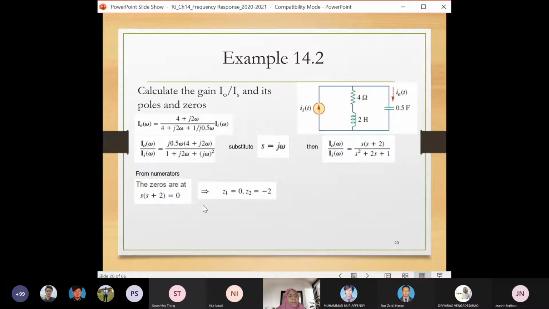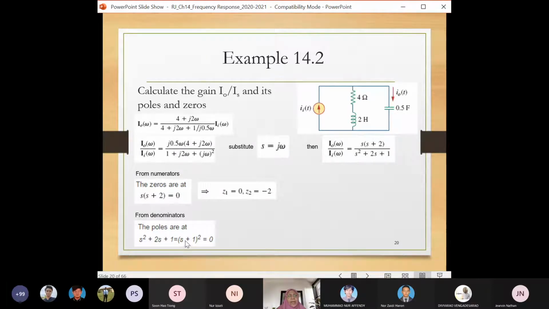For the poles, they are taken from the denominator, where the denominator has the expression s squared plus 2s plus 1. Okay, you can simplify this. s squared plus 2s plus 1 equals (s plus 1) squared.